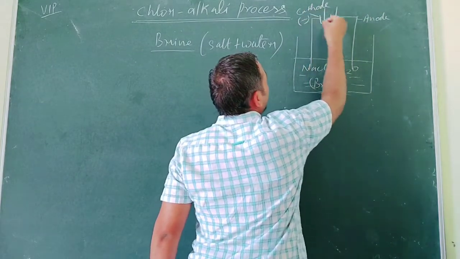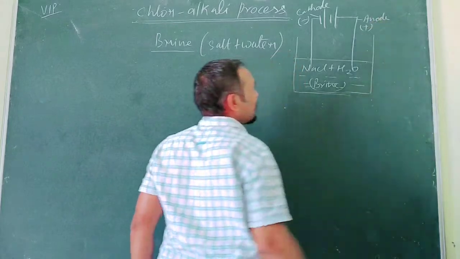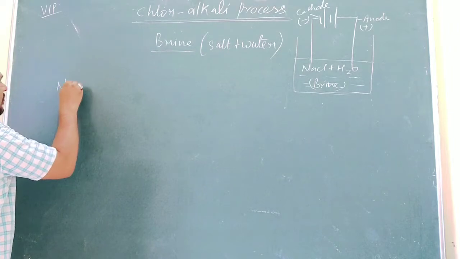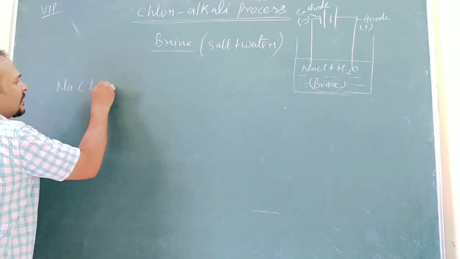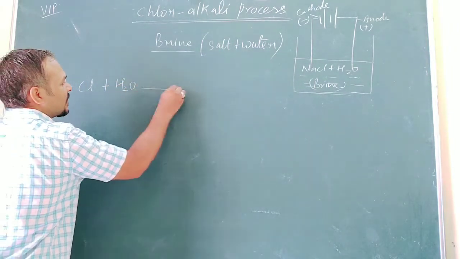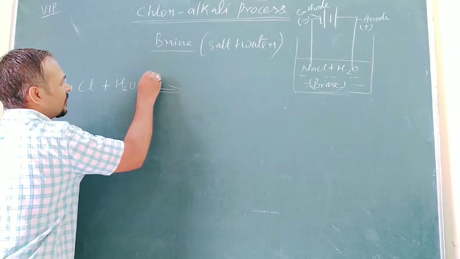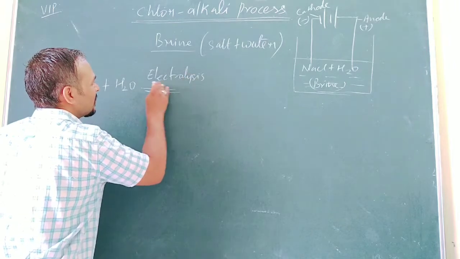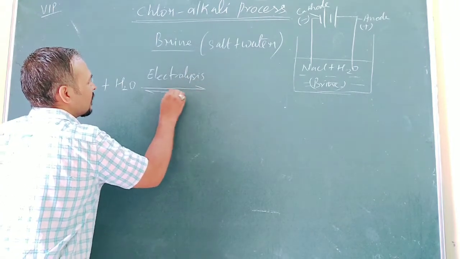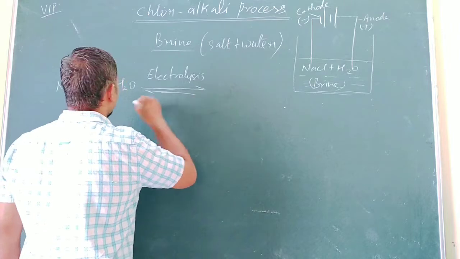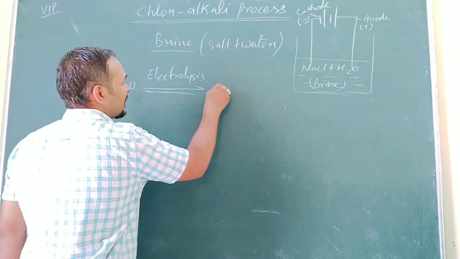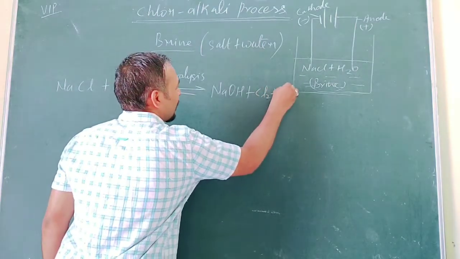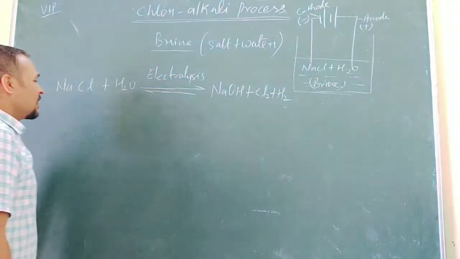Cathode means negative, anode means positive terminal, right? So what will be the process? When sodium chloride is dissolved in water and we do the electrolysis, right? The products we get are sodium hydroxide, chlorine and hydrogen.